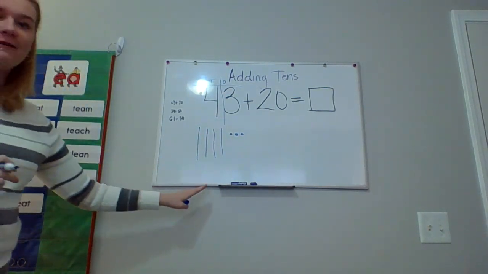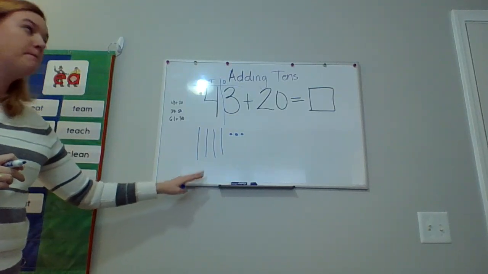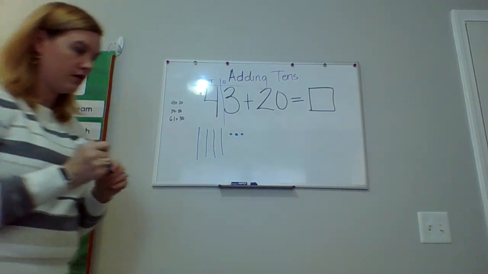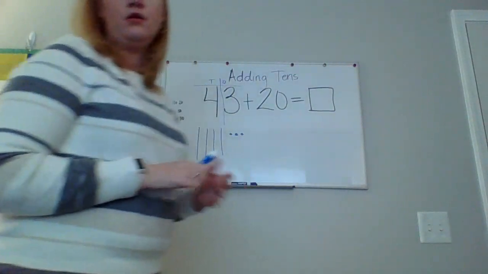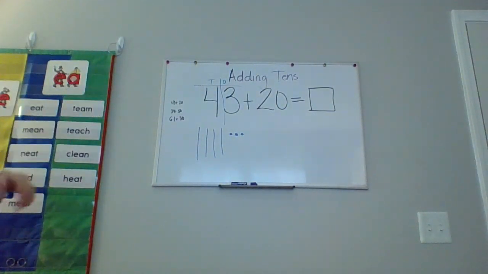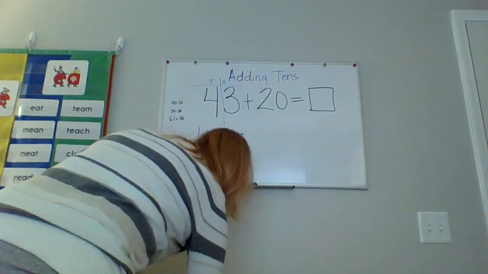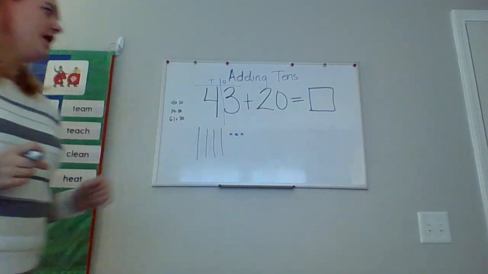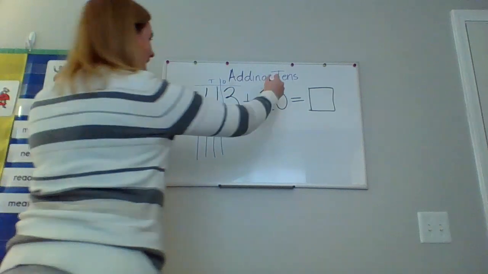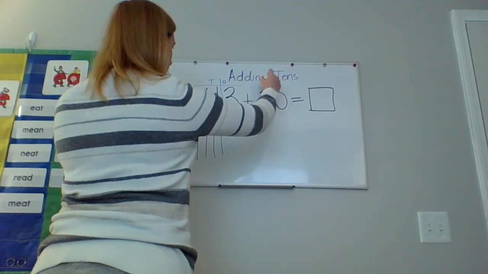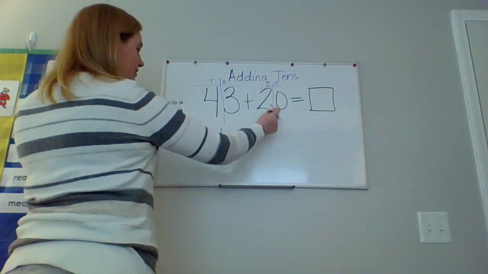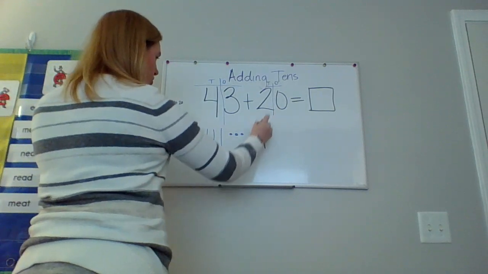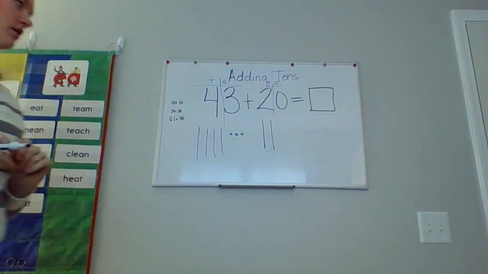So I drew out the value of my number 43. There we go. A little less of a shiny light. Then I have the number 20. And I'm going to draw this out in tens and ones. Now there aren't any ones, so I'm only going to draw 2 tens.